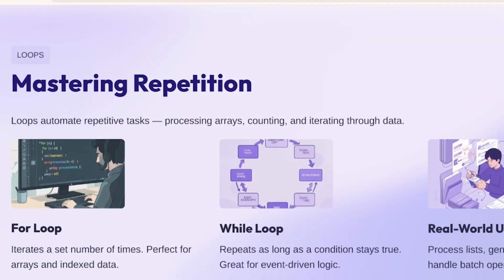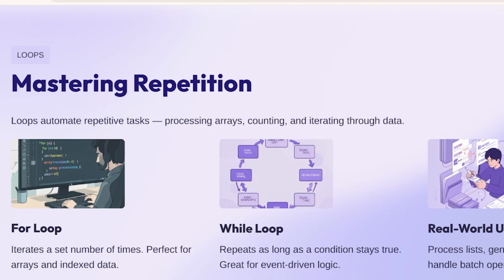And then next one is loops. Imagine you want to print a number from 1 to 100. Instead of writing the print statement 100 times, we simply use a loop. So a loop repeats the same task automatically. The most common loops are for loop and while loop.